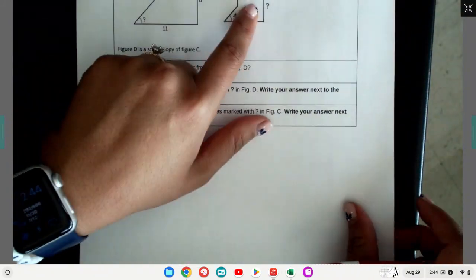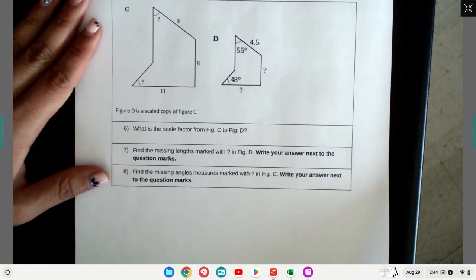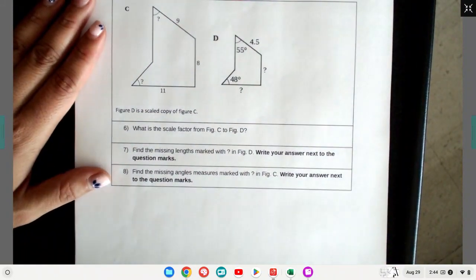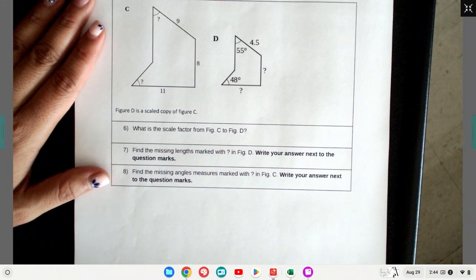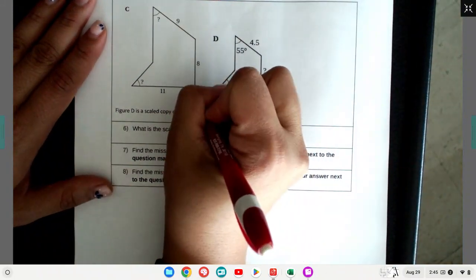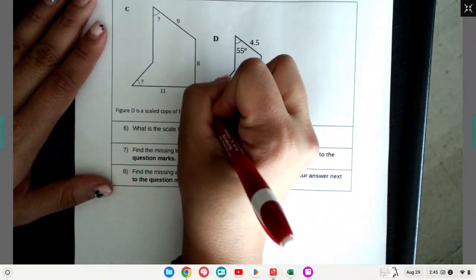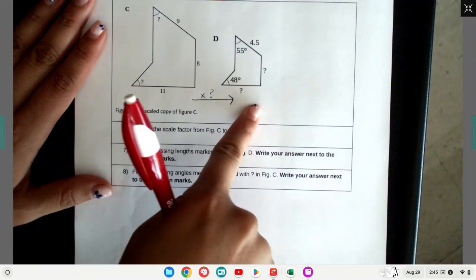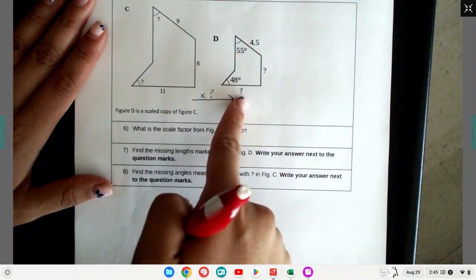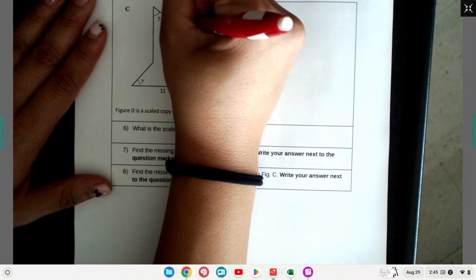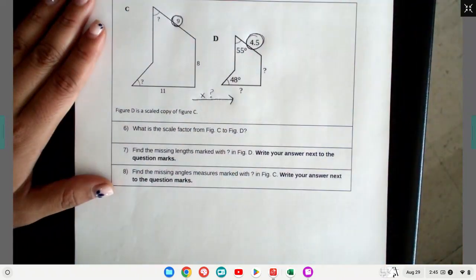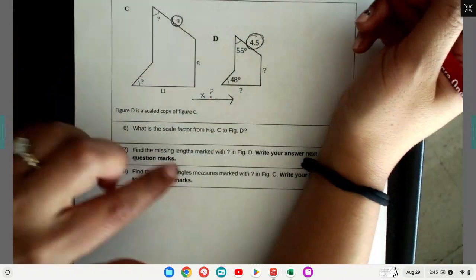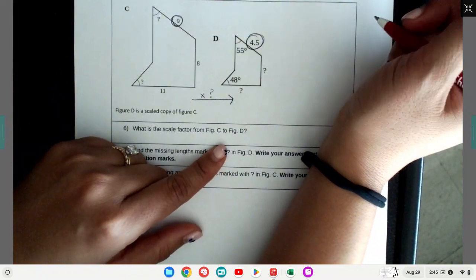Last page here says figure D is a copy of figure C. What is the scale factor from C to D? So I'm going this way. I'm multiplying it by what number to go this way? Now I don't see any matching so far, but when I look up here, I see that these two measurements are in the same spot, so I can compare them because they're corresponding parts.